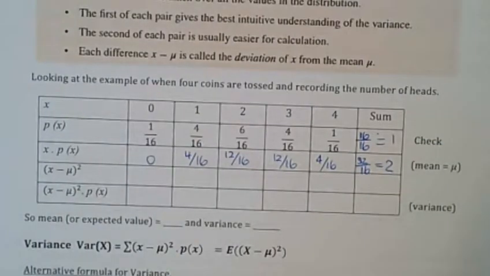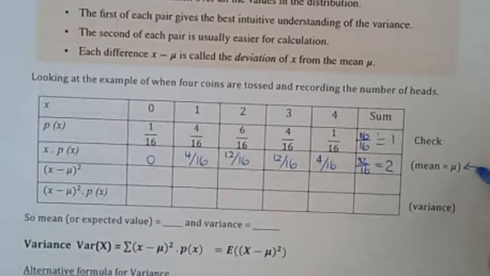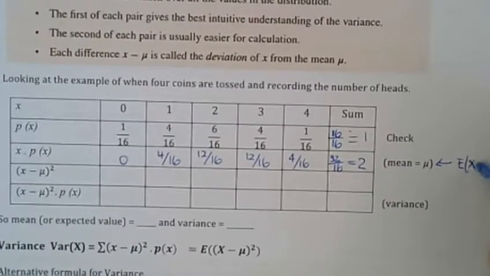That's what we did last lesson. So this sum is the mean or the expected value of x. Now, that tells us where the center of the data is. In other words, if you toss 4 coins, we're expecting on average 2 heads, 2 tails.